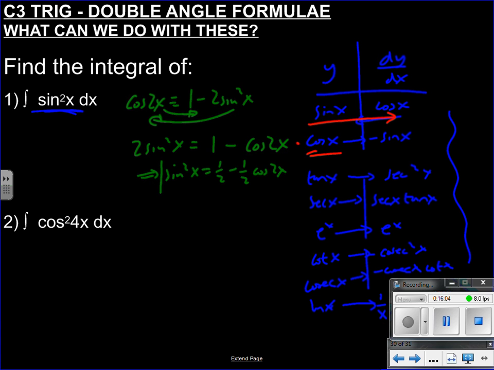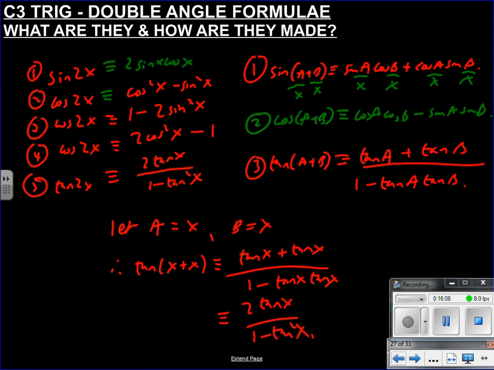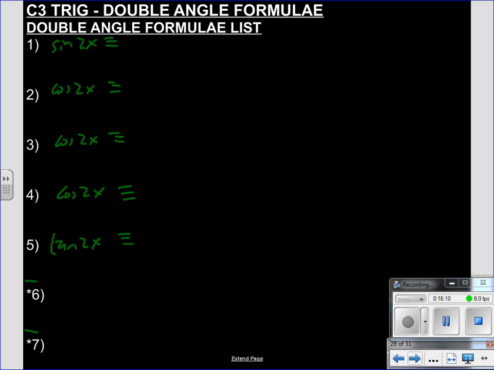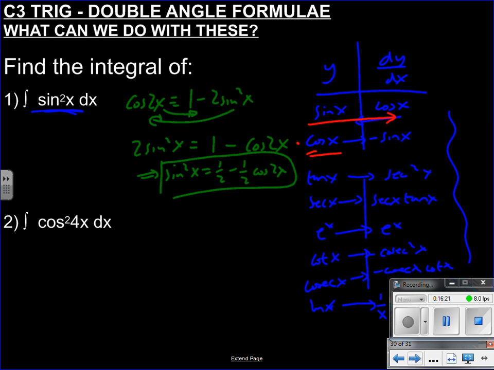Now this is a fundamental formula. This is the one to go back to, so if you scroll back, add it here to your stars. So sine squared x is the same as half minus half cos 2x, okay? And we can do the same for cos squared. So we know that cos 2x is also 2 cos squared x take 1.